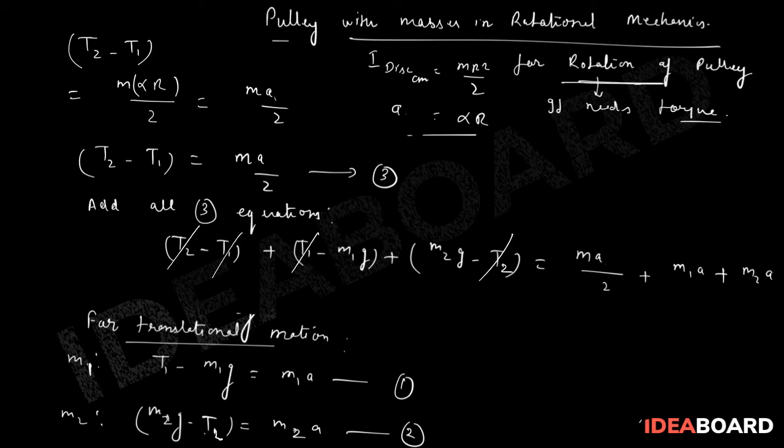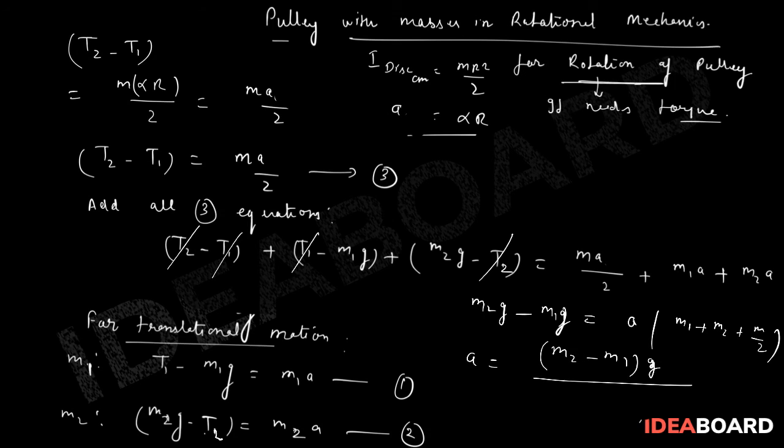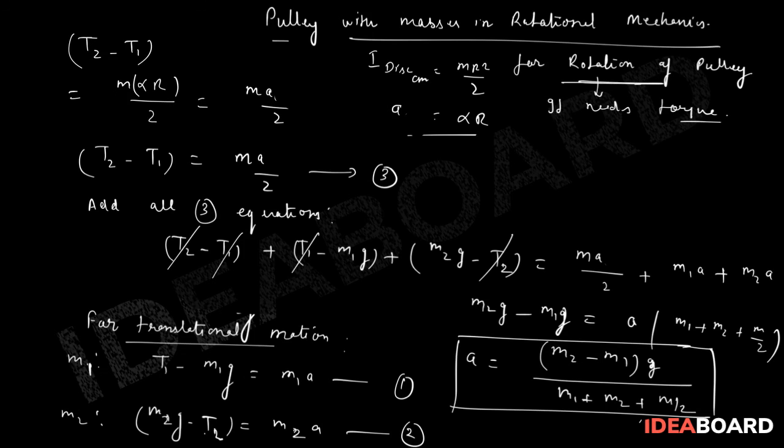So we finally get M2G minus M1G is equal to, we can take A common, (M1 plus M2 plus M by 2) A. So the value of A will be (M2 minus M1) into G upon (M1 plus M2 plus M by 2). This is the final answer we are getting.